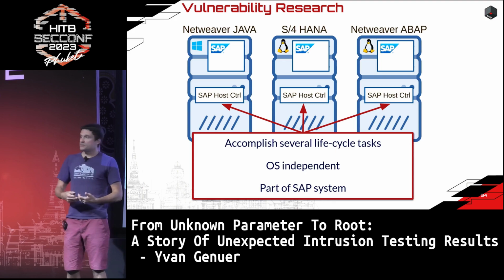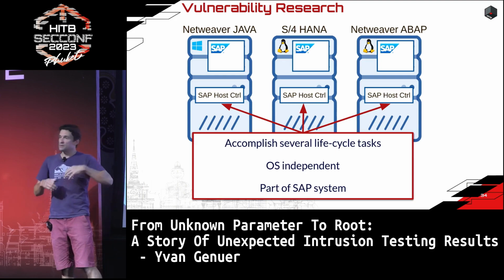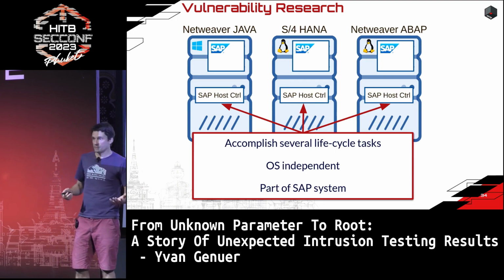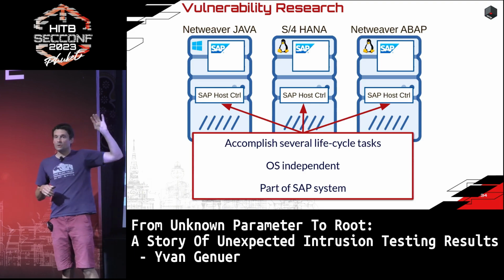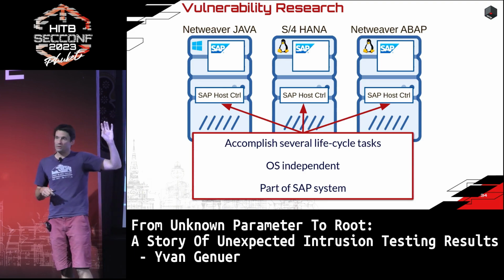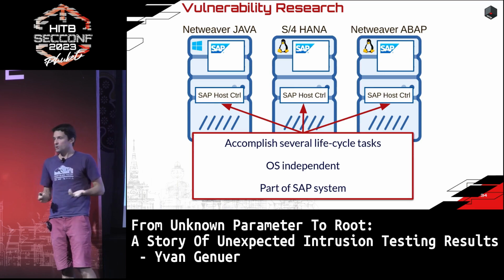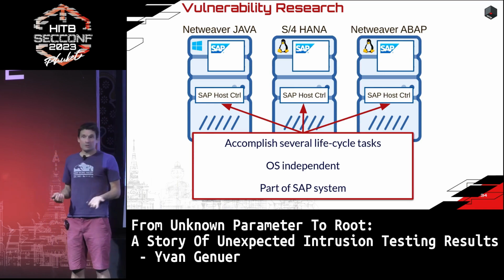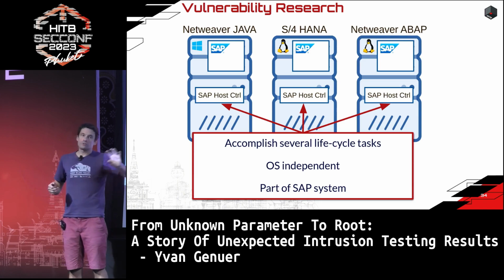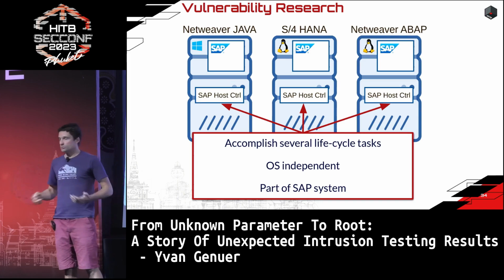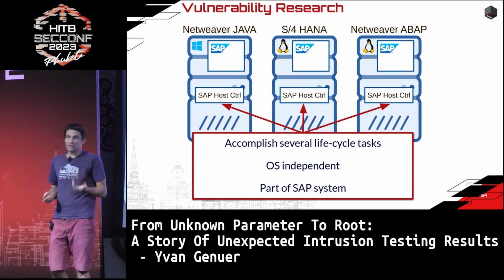They can prepare for an upgrade. They can update the kernel. They can do all the functions listed by the services. So a lot of functions. This is OS independent. It is a Java component, so it works on Windows, Linux, Unix, and it is mandatory to have this kind of service.